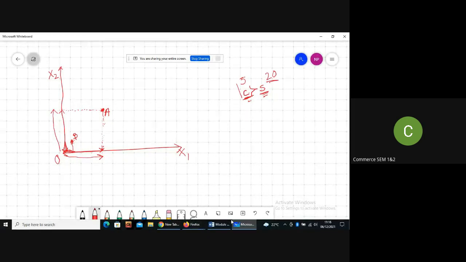Say, this distance is 5 units of x1 and this distance is 6 units of x2. So commodity A is nothing but 5 units of x1 and 6 units of x2. Similarly for B, we can write 1 unit of x1 and 2 units of x2. Fine?